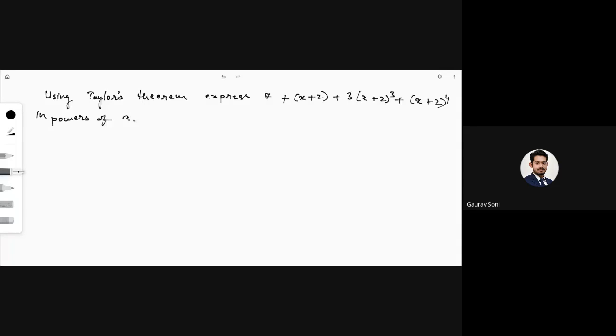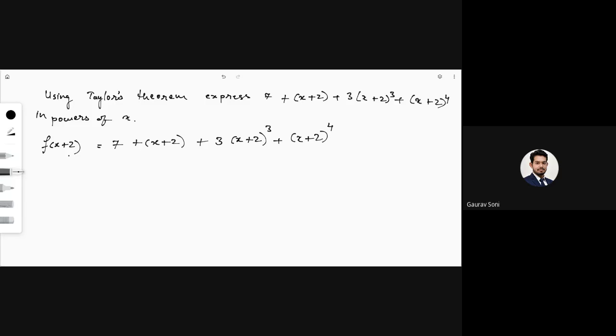One way is this. What is given? f of x plus 2 is given to you, which is 7 plus x plus 2, plus 3 into x plus 2 cube, plus x plus 2 raised to 4.